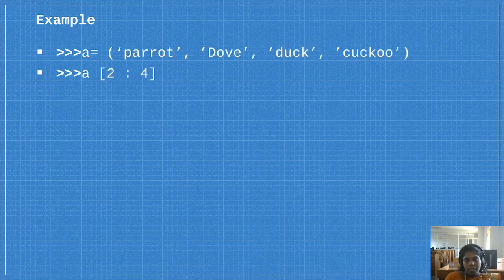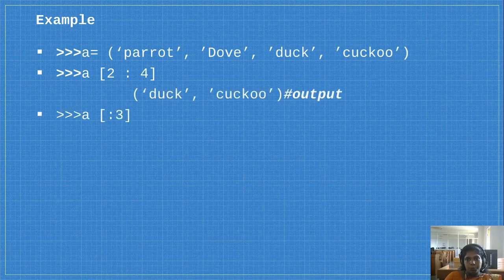So index numbers 2 to 3 are displayed. The end index value doesn't display; only the end value minus 1 is taken. So in this example, we get the range from 2 to 3, so we get only duck and cook.